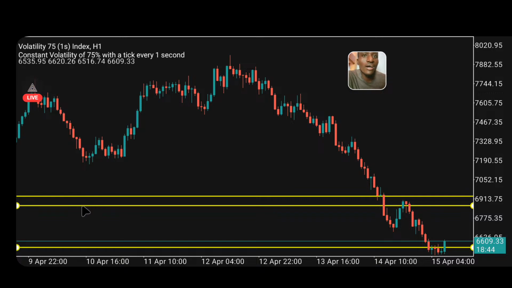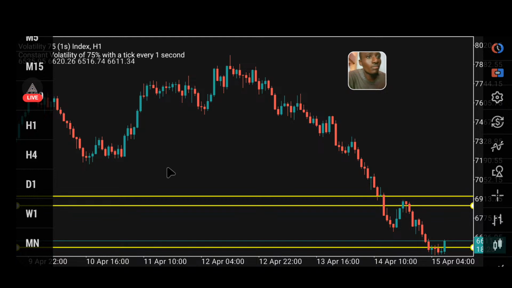I trade V75 1S because I like how it moves, just like gold, which is my base. There's also Boom 500, Crash 500, a lot of synthetic indices offered by Deriv.